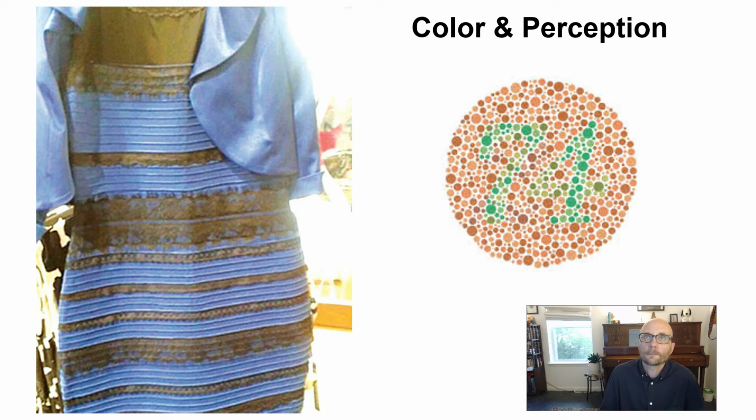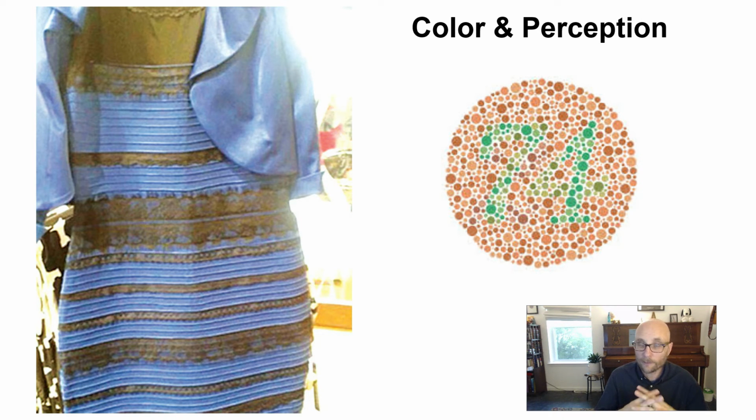And that all depends on whether you have something called color blindness. Color blindness has to do with the number of cones that we have in our eye. Remember, we have these color receptors called cones. And some people have more cones than others.